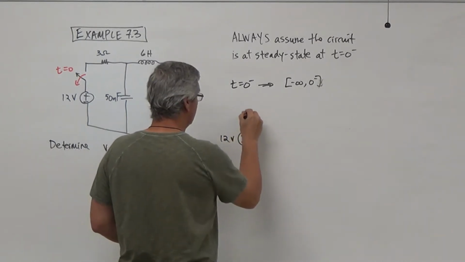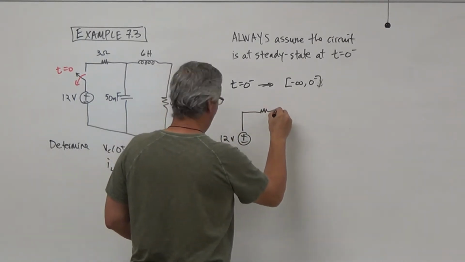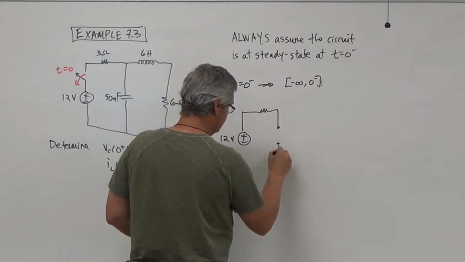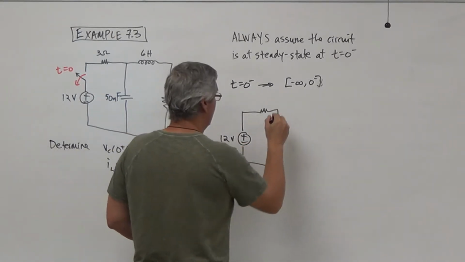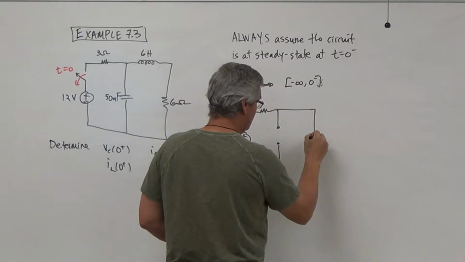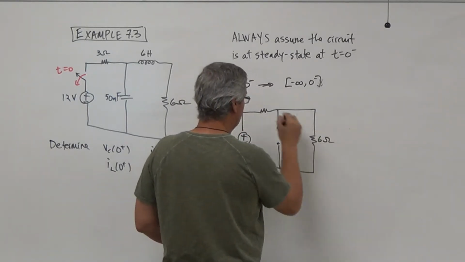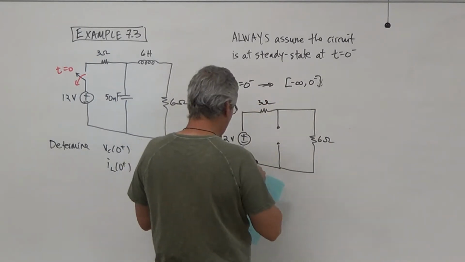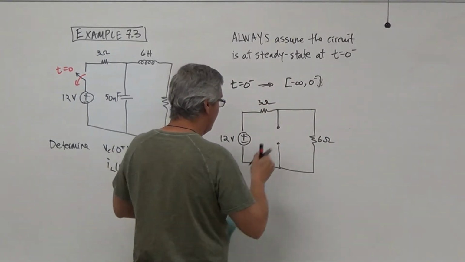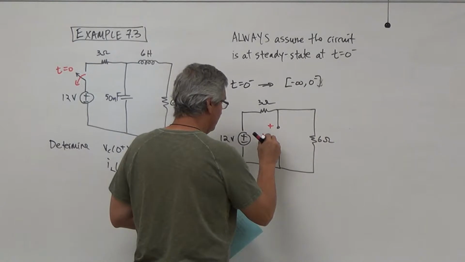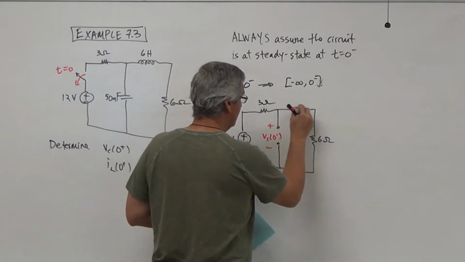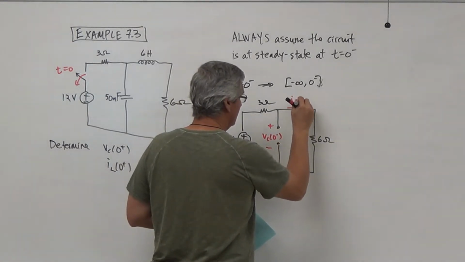So if I look at the circuit here, I have a circuit that looks like this. In steady state, I have a 3 ohm, and I have a short, and I have this resistor. So I have VC of 0 minus, and then I have this inductor current at 0 minus.